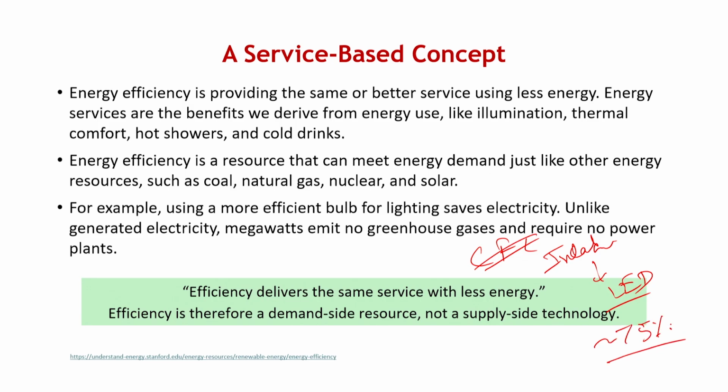And just by this saving of power, you get money in your pocket. So you can then use this to spend somewhere else. It gives you more security. It gives you reduced carbon, but from a normal consumer perspective, that directly gives you the power to spend that money somewhere else. So efficiency basically delivers the same service with less energy.